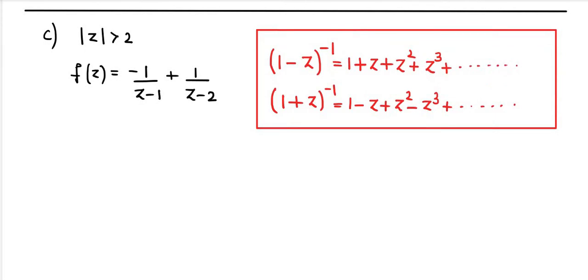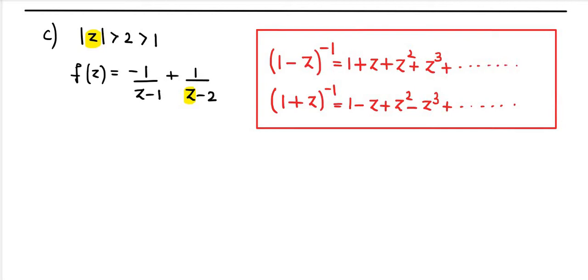So, when you compare mod z and 2, mod z is greater than 2. So, here z is bigger. From the first term, from the second term, comparing z and 2, z is bigger. So, we take z as a common factor, but there is no comparison with 1. You know mod z is greater than 2 and you know 2 is greater than 1.